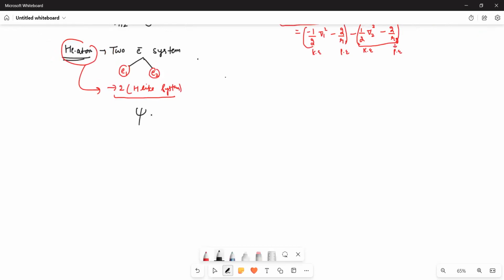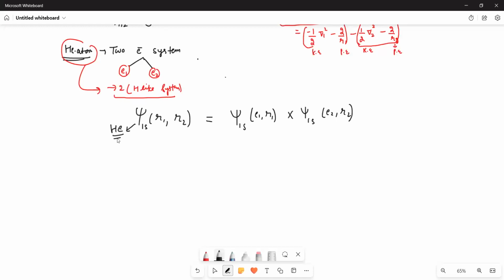The wave function for two electrons at distances r1 and r2, for the ground state, means for 1s, will be equal to the product of the wave function for electron 1 at distance r1 and the wave function for electron 2 at distance r2. In this way we will write the wave function. It represents the wave function of the helium atom.